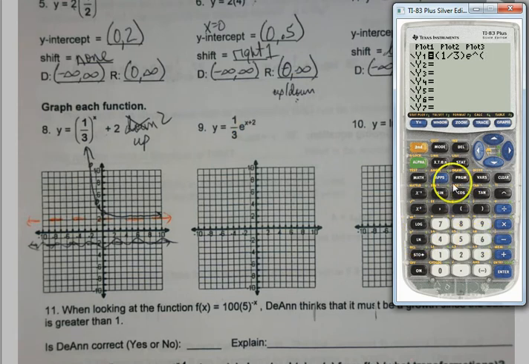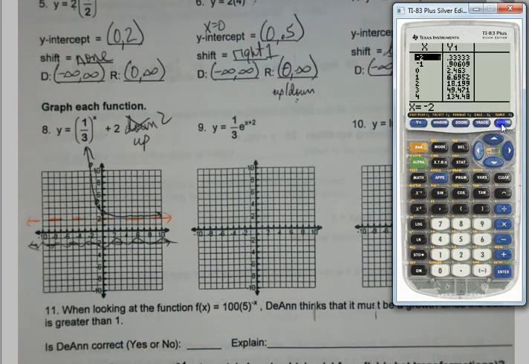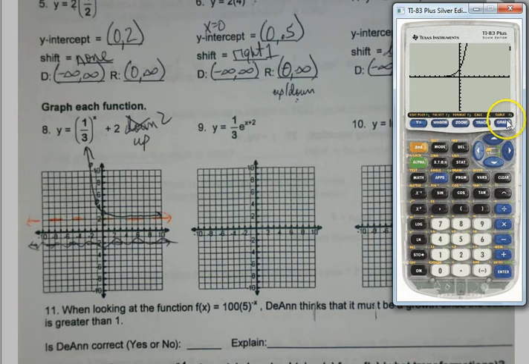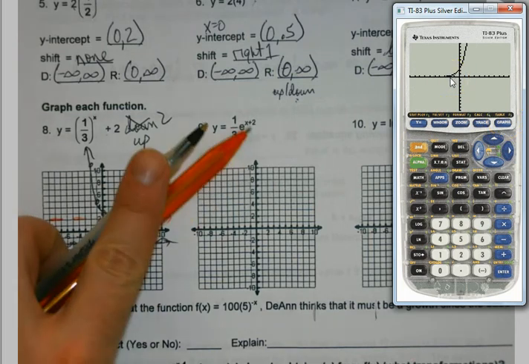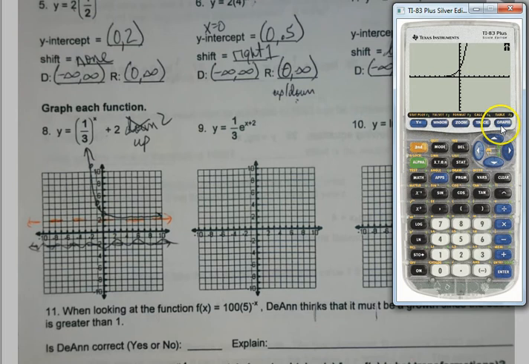And again, this time my x and my plus 2 are both in my exponent, so I'll go ahead and get those again. I'll look at the graph for a minute. I notice there's no up or down shift, and that's true because that one's left. So my asymptote would be down at 0.